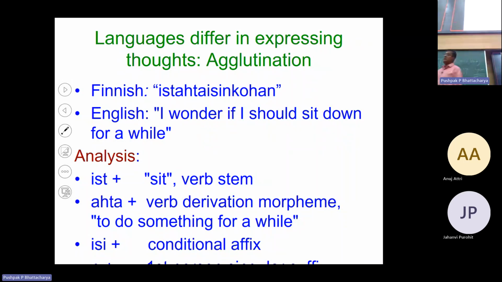Okay, so now here is an extreme example of languages differing in their expressions. So this particular Finnish string, which you have seen before, means this English sentence, I wonder if I should sit down for a while. And how will the machine translation system generate this English sentence from the Finnish sentence?